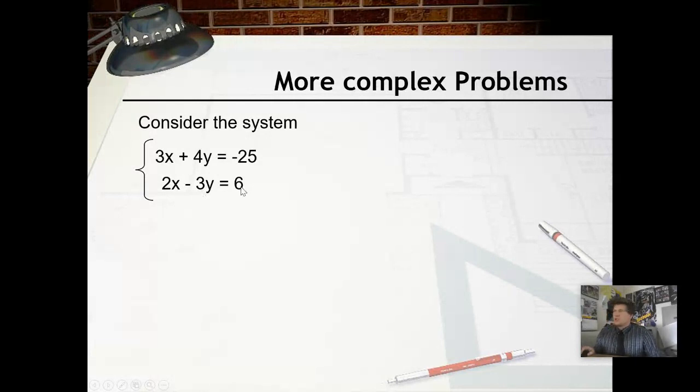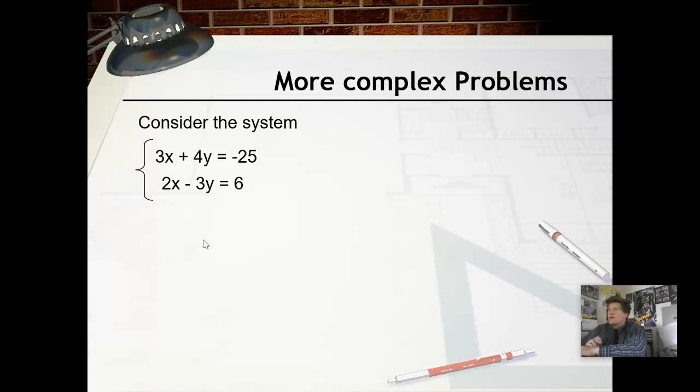Negative 25 and 6. So I'm trying to match these together. Can I multiply 2 by anything to make it 3? No. Can I multiply negative 3 by anything to make it 4? No. So this is a case where we're going to have to multiply both equations to make them match a number.